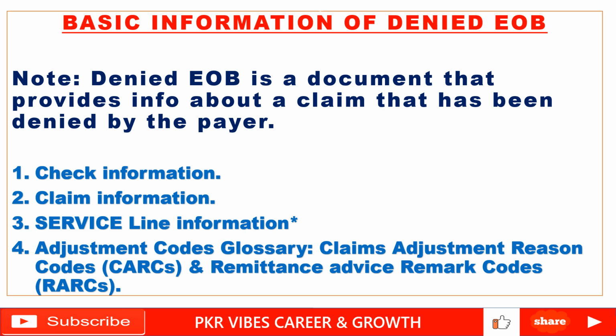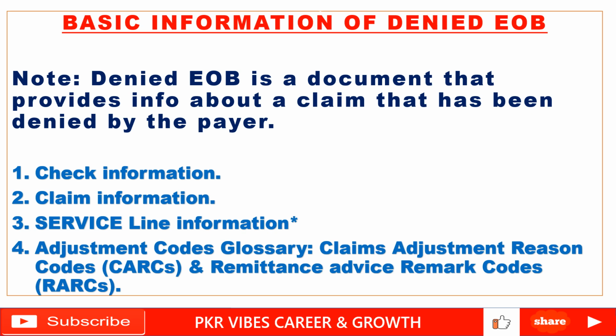So generally on a denied EOB we have information like check information. What kind of check or EFT information we will see, and also we will see claim information, and we will discuss completely in the next slides what is what.